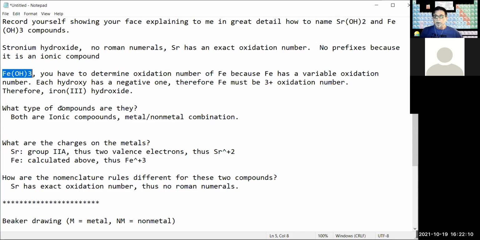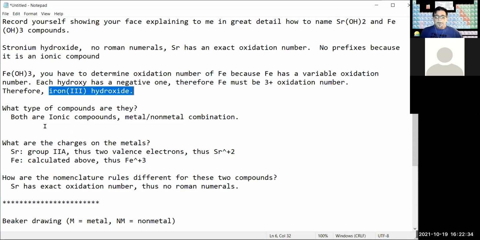Therefore, what you're working with here is iron(III) hydroxide. We use the Roman numerals only for those metals that have a variable oxidation number, which means those metals other than the 16. Because this one has a +3.